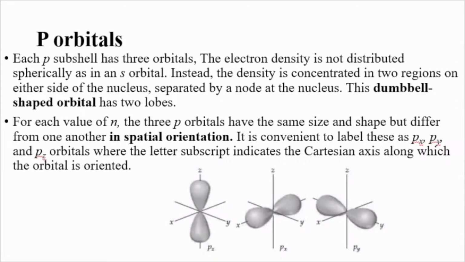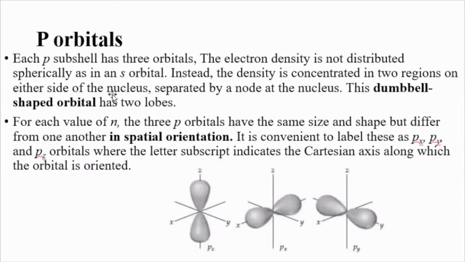When we talk about p orbitals, the p subshell has 3 types of orbitals. Unlike s, the p orbital has 3 kinds.